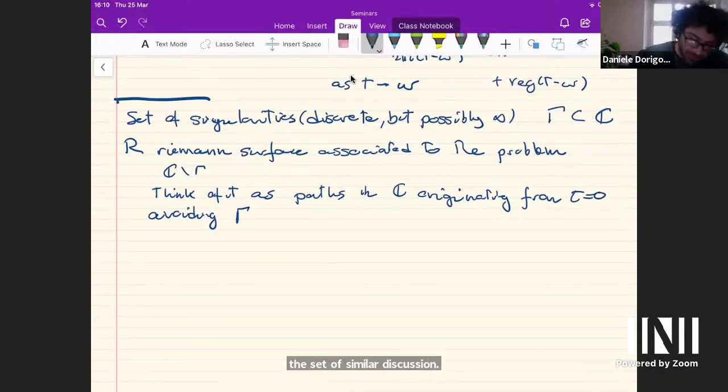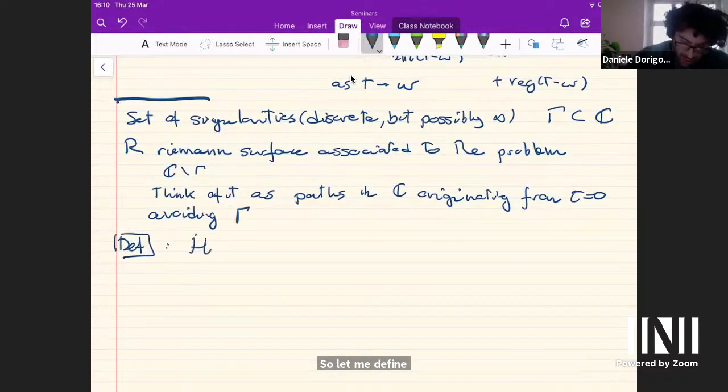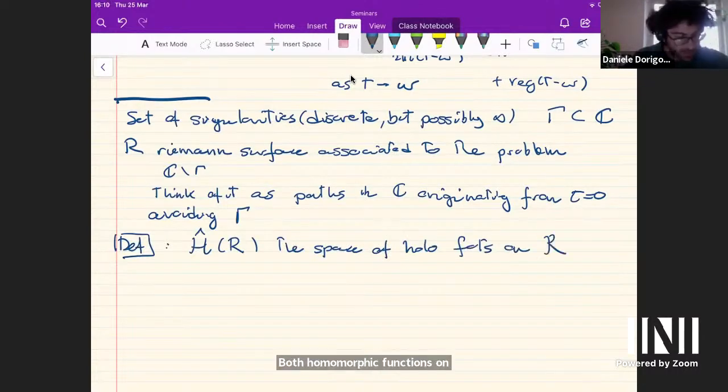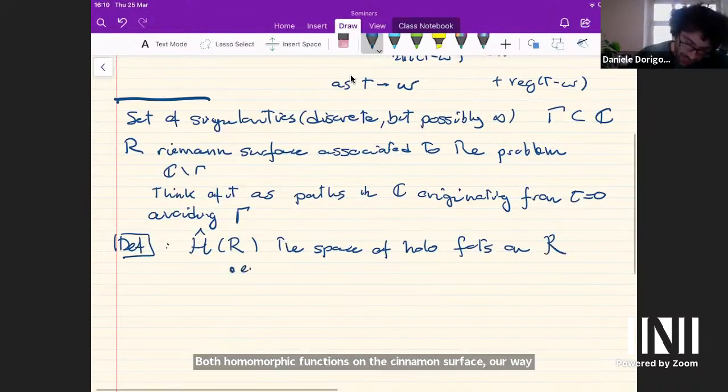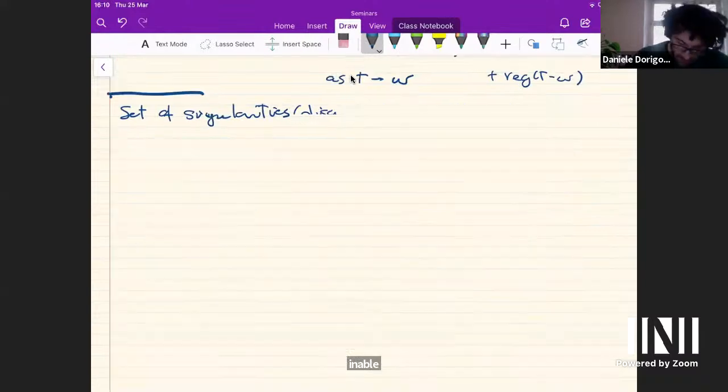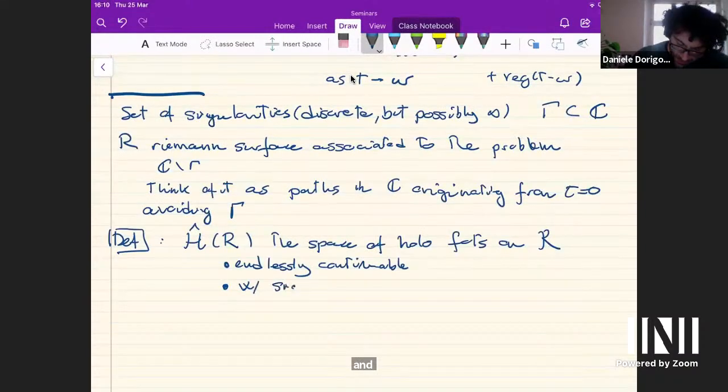So let me define with h hat of this Riemann surface R the space of holomorphic functions on R which are endlessly continuable and with singularities on gamma.